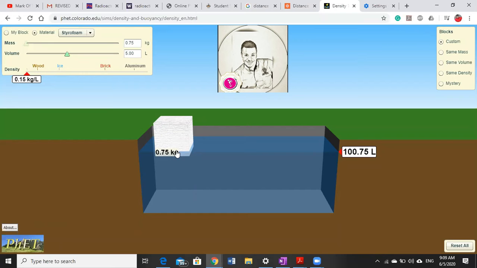Styrofoam is very light. In addition, when you look at the volume, the value just changed, which goes to show that less water was displaced, as a result of the lightness of that particular material.